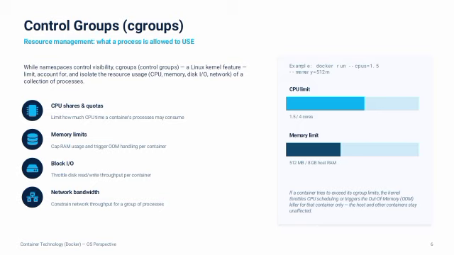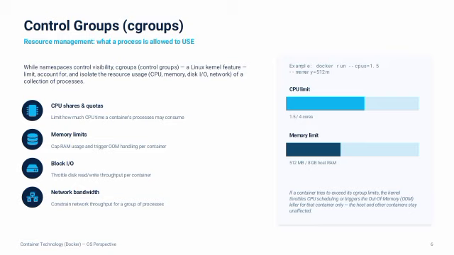Control groups, cgroups. While namespaces control visibility, control groups or cgroups control resource usage. This is what stops one container from hogging all the host CPU or memory. Cgroups let the kernel set limits and quotas on CPU share, memory usage, block I/O, and network bandwidth for a group of processes.